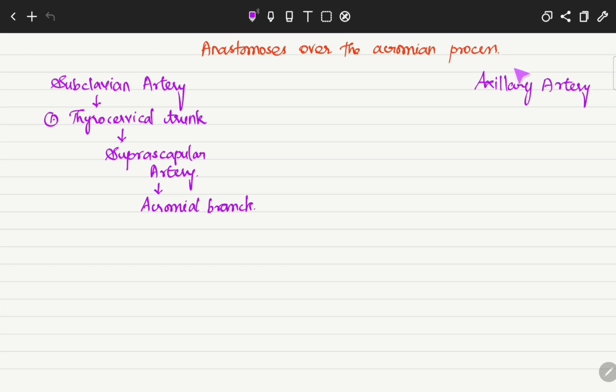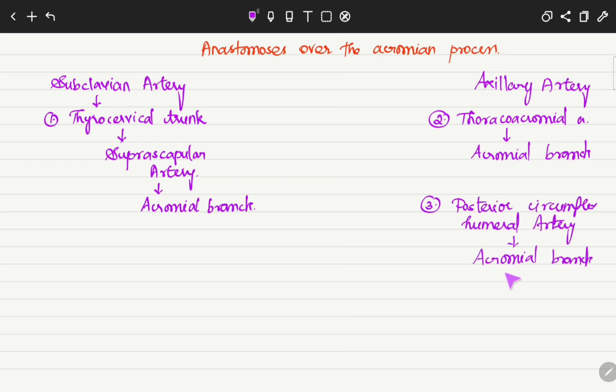And from the second part of the axillary artery arises the thoracoacromial artery, from which arise small acromial branches. And from the third part of the axillary artery arises the posterior circumflex humeral artery, which also gives some acromial branches to the acromion process.